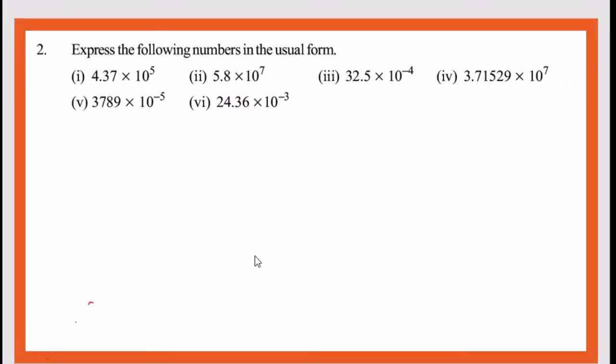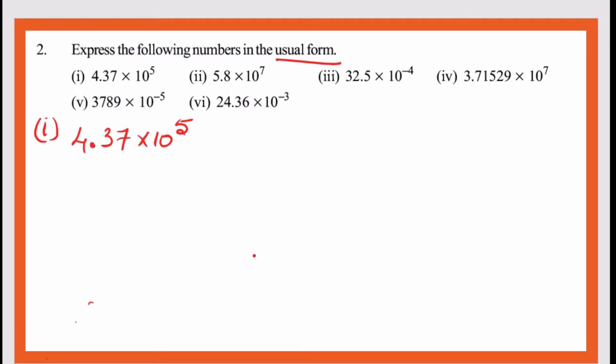Let us see question number 2. In this particular question, we are going to discuss how to convert standard form to usual form. In question number 1, what is given? 4.37 into 10 power 5.